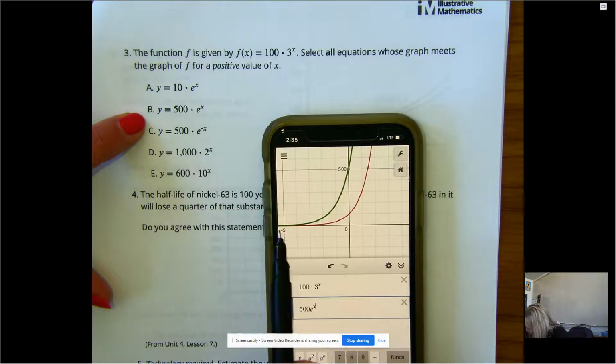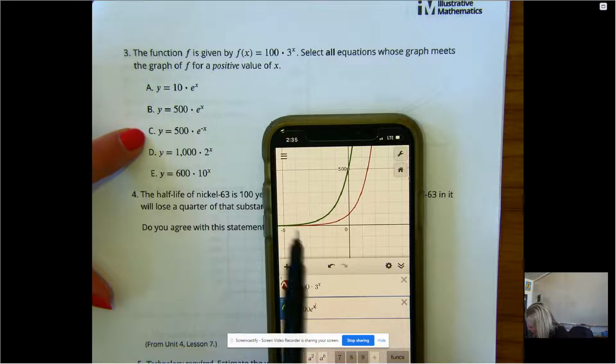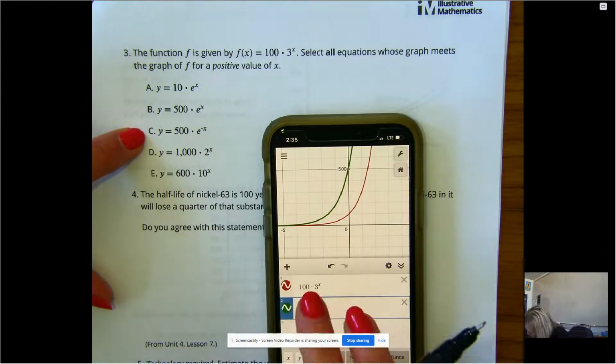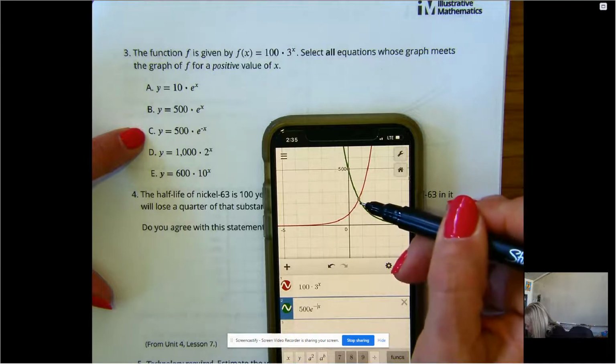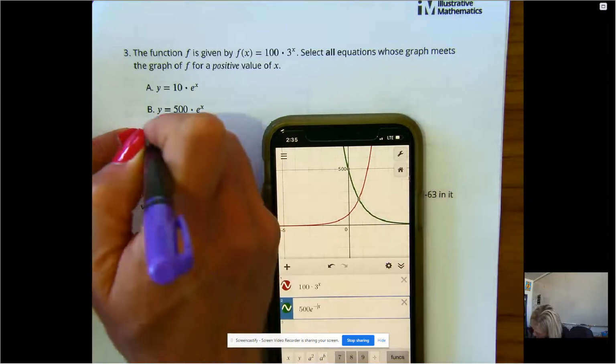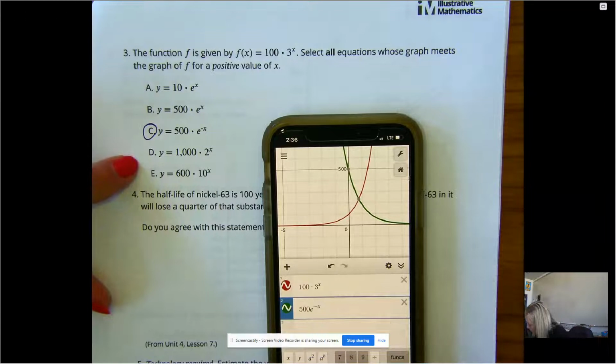Okay, they also are going to cross back here where they're closer and closer together, so not b. And then what about 500 times e to the negative x? Ooh, they cross right here in a positive area, so I'll go ahead and circle C.